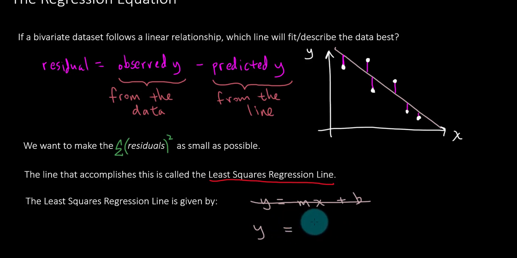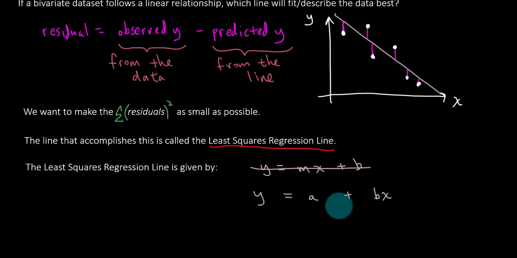The one that our book uses is a plus bx. This is still a line, but they've kind of wrote it in the opposite orientation. The slope would be this b, slope, and the intercept would be a, y intercept.